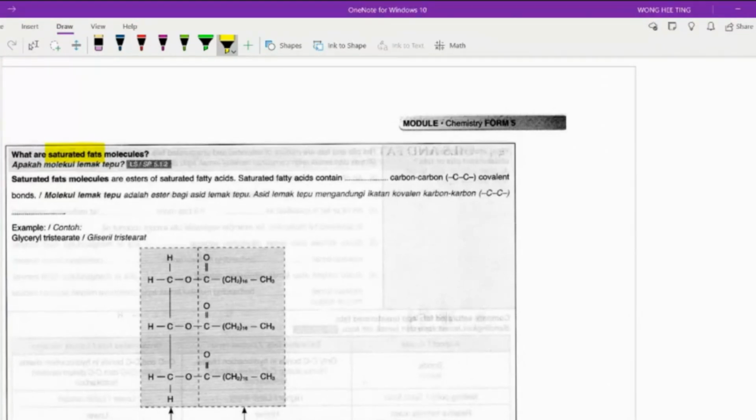Saturated is a single bond, yes. Correct. Saturated is a single bond, no double bond. A double bond is unsaturated.